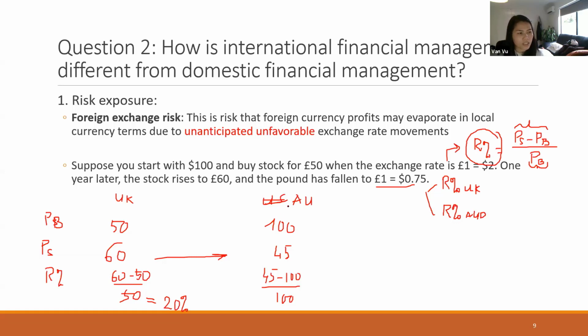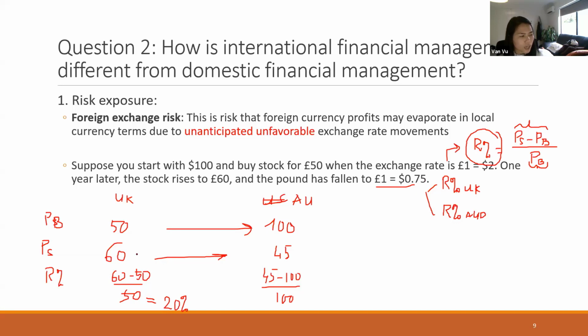Now, if we take into account the exchange rate movement, we will end up with a loss. When we started, 1 pound is worth 2 Australian dollars. As a result, 50 pounds is equivalent to 100. But at the time that we convert our investment back into Australian dollars, 1 pound is only worth 75 cents of the dollar.